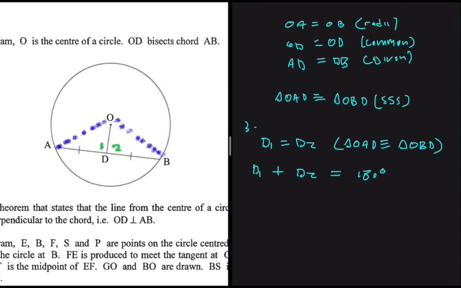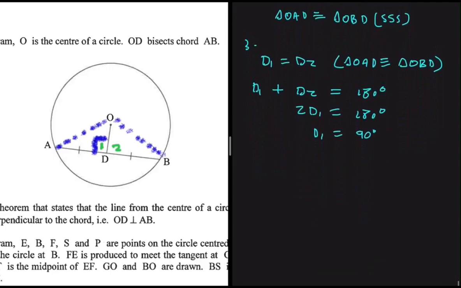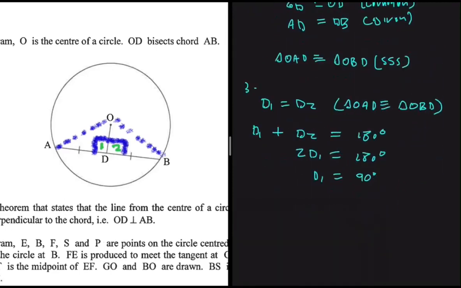But D1 is equal to D2, so we can just say that 2D1 is equal to 180 degrees. So what are we saying? We're saying that D1 is equal to 90 degrees. So now we have proved that D1 is 90 degrees. We know fully well that consequently D2 is also equal to 90 degrees. Now we can conclude and say that OD and AB are perpendicular to each other because D1 is equal to 90 degrees, right?